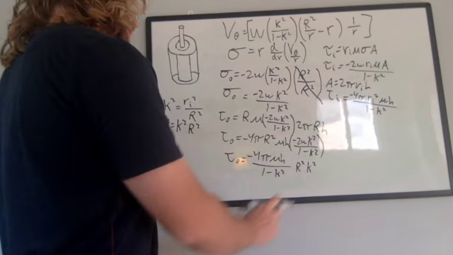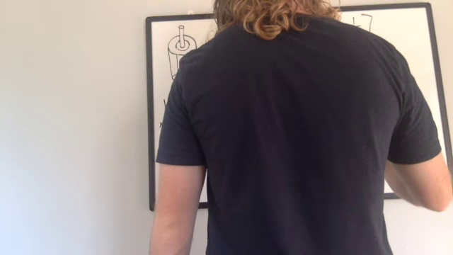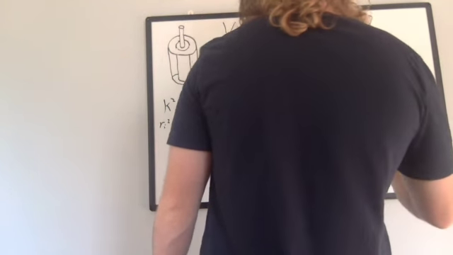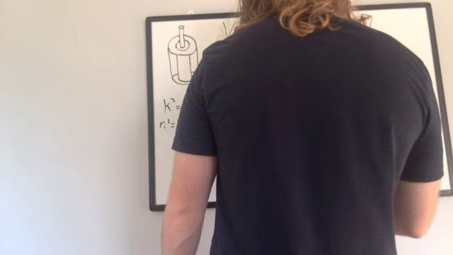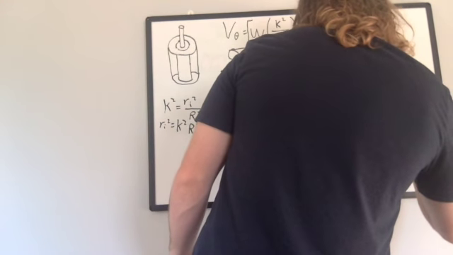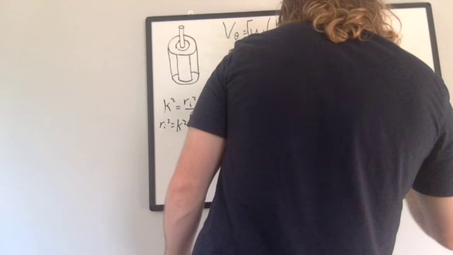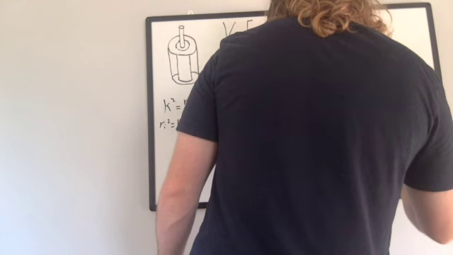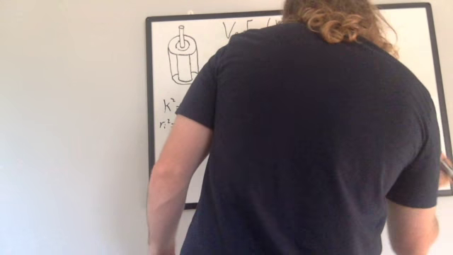So we'll go ahead and do that. And that would give us the torque on our outer is equal to negative 4 pi, then times ri squared times viscosity times height over 1 minus k squared. And there you have it.